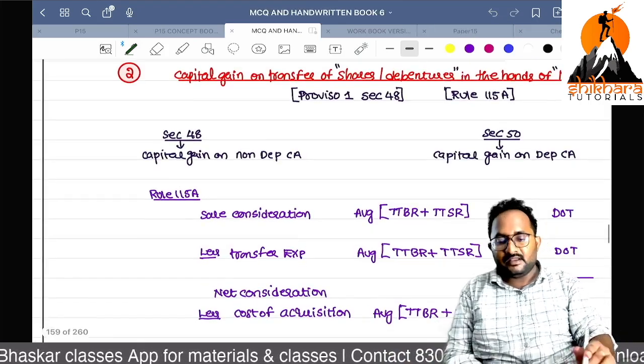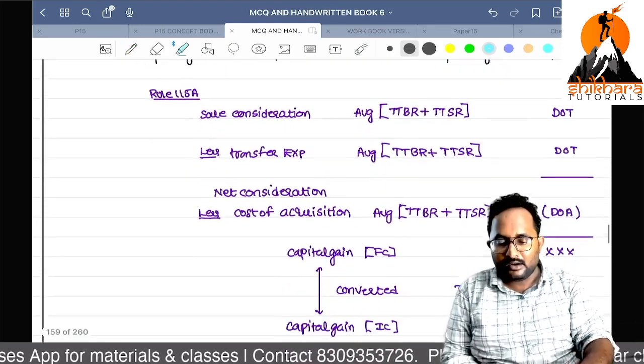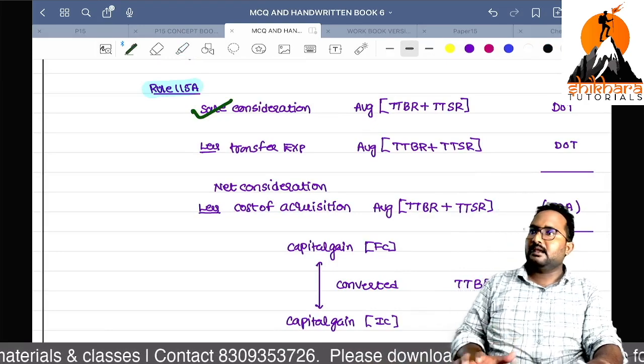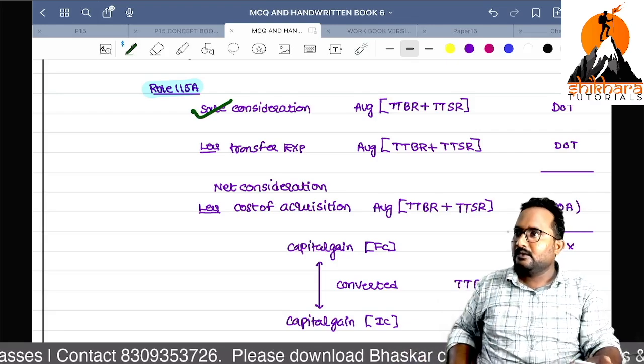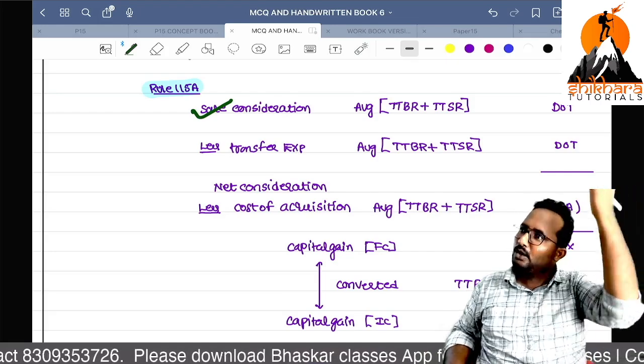Listen carefully. Section 50, you know, is depreciable related. Section 48 is non-depreciable. We are following that. What is the rule saying? Sale consideration. Definitely, he is investing in which company? Indian company. So if he sold that, he will receive that amount in rupees or foreign currency? Rupees only.